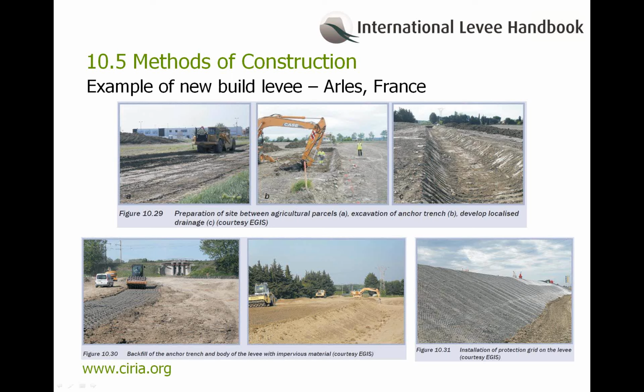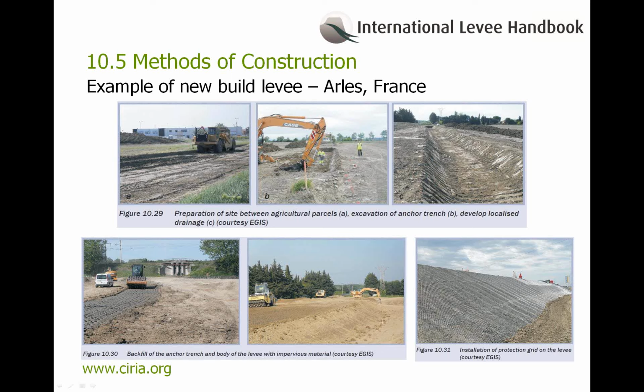The construction of the new levee included several phases. Phases 1 and 2 involved preparation of the project area through site clearance and topsoil removal, shown here in Figure 1029A. Phase 3 consisted of excavation of drainage ditches and an anchor trench, shown in Figures 1029B and 1029C.